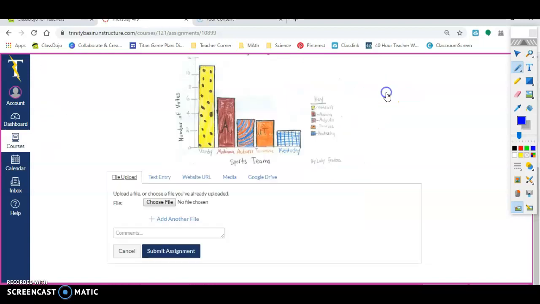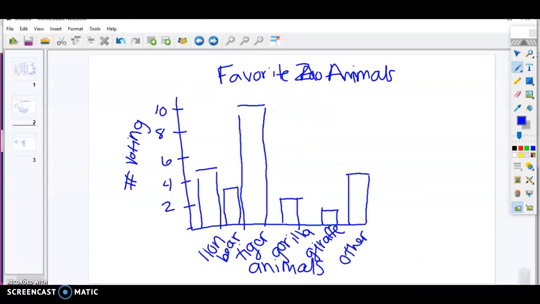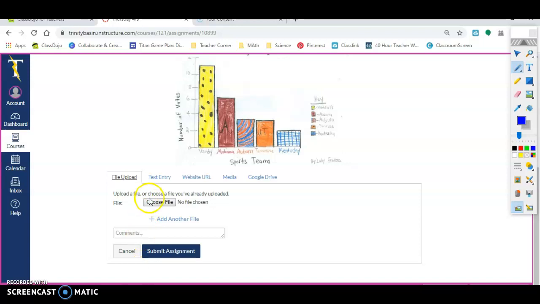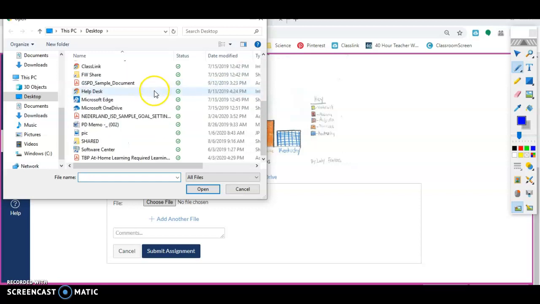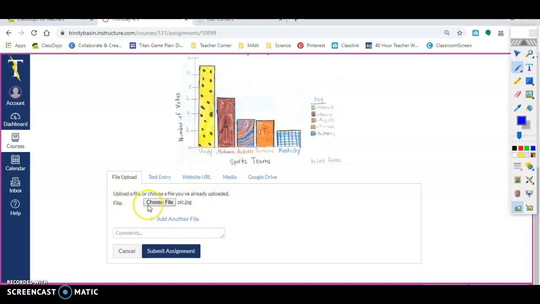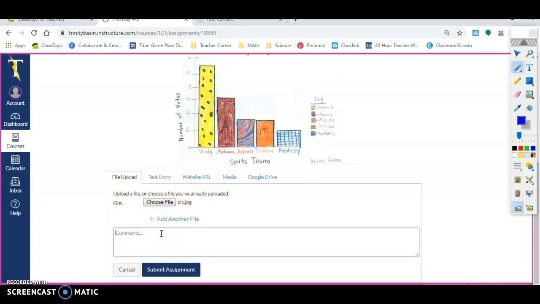I'm going to do submit assignment. And since I did a picture, I took that picture and I saved it on my computer. So I'm going to come here and go choose file. And I'm going to find my file. Let's just say it's this one. And I'm going to click open, and that saves that picture to my file. Down here, I could add any comments.